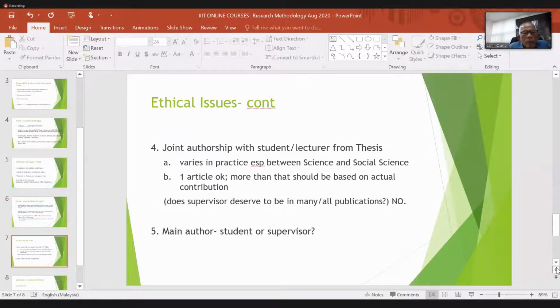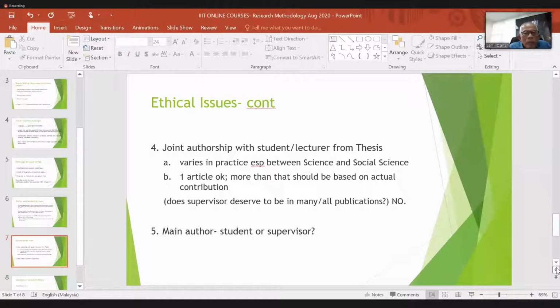I think I put one more. Yeah. Now this one is, I think, a very sensitive area. I know we have had lots of discussion and debate in the university about this. Joint authorship. Now, if there are PhD students here or master's students here, you will know what we are talking about. Joint authorship between the student and the lecturer.